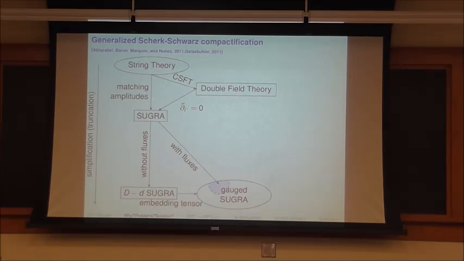There's also another way to reach this gauged supergravity, so we can use the embedding tensor formalism, which describes how we can consistently gauge this theory. And the interesting thing which now happens is we get a much bigger set of gauged supergravities than we can obtain directly from supergravity with flux compactification.